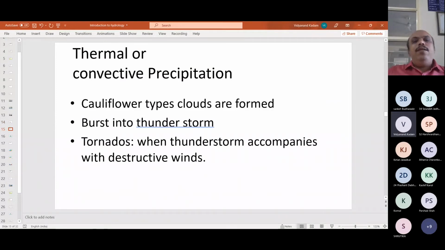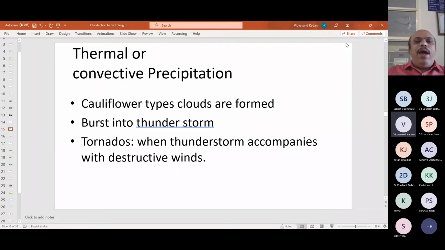So the first one is thermal or convective precipitation. In this type of precipitation, what happens? Due to solar radiation, the Earth's surface gets heated, and due to that, evaporation takes place.